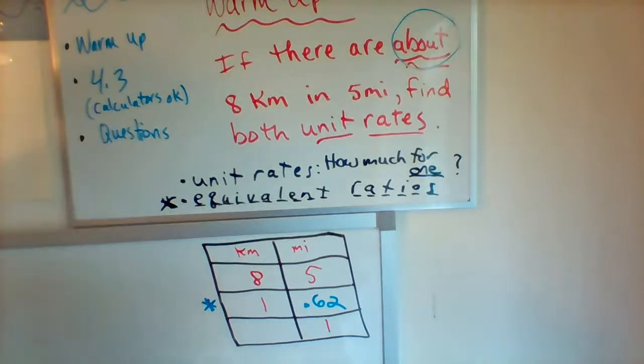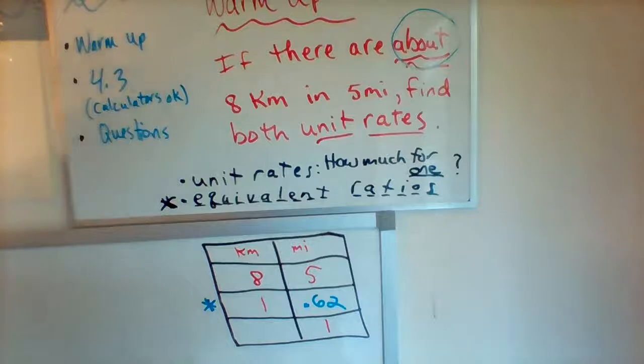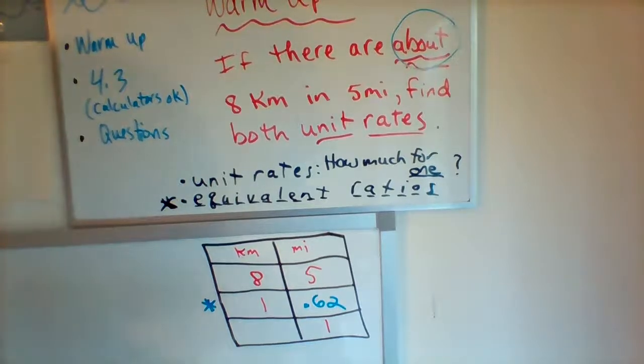With the table, how would we find this answer? I get 1.6 for each. Okay, each what, buddy? You gotta pick one. You have to pick a unit.